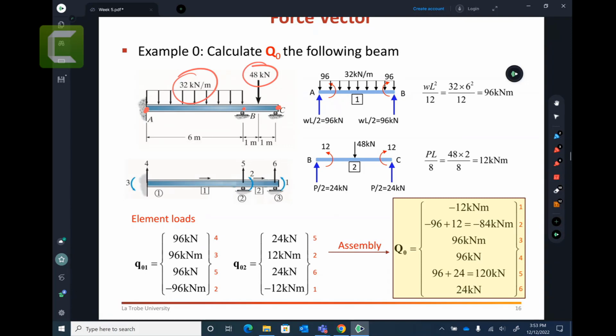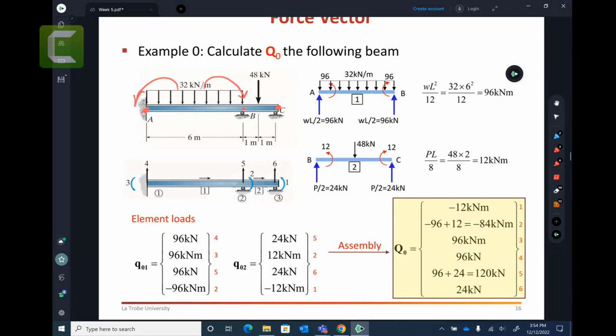Does it make sense? This force of 32 kilonewtons per meter is not acting at a node, but is acting in the member. So what this method wants us to do is transfer these loads to the nodes. You need to calculate this 32 kilonewtons, which is the member force, to the ends.